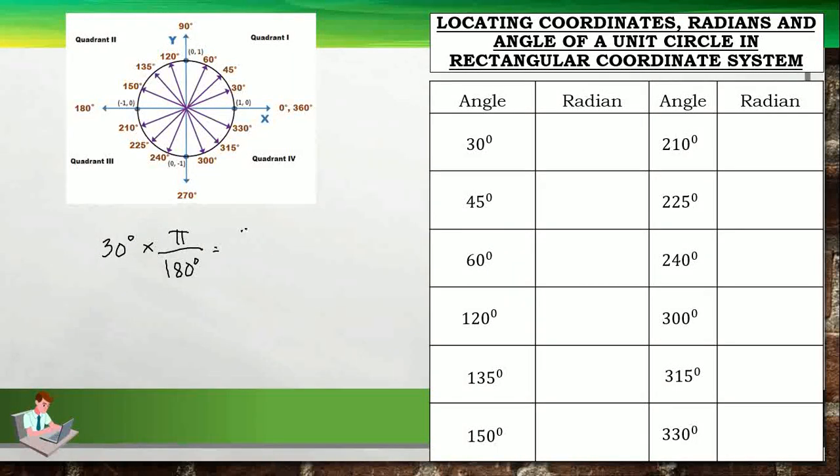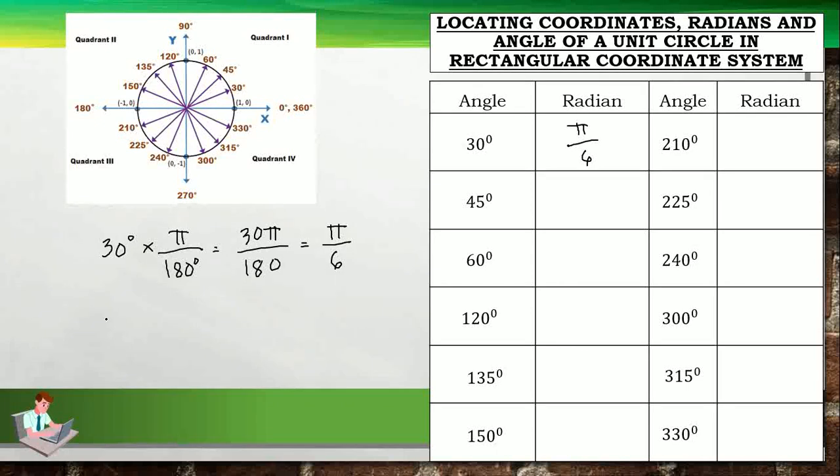So, that is 30 pi over 180. So, that is equivalent sa pi over 6. So, convert lang natin isa-isa muna ito. Saka muna natin yung coordinates niya, kasi para mas madali. So, this is pi over 6.